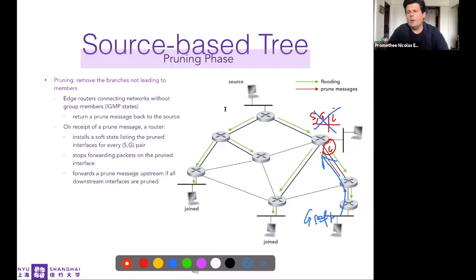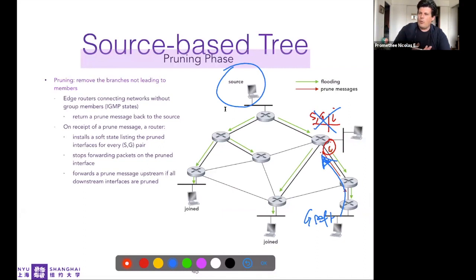This will remove the state and I'm good. Yeah, but you have to be very careful, because when you send either the graft or the prune message, you send it back upstream to the source, because you have no way to know who is the router upstream in the tree. You don't know the router. So the only way you can send a message upstream the tree is by using the source.